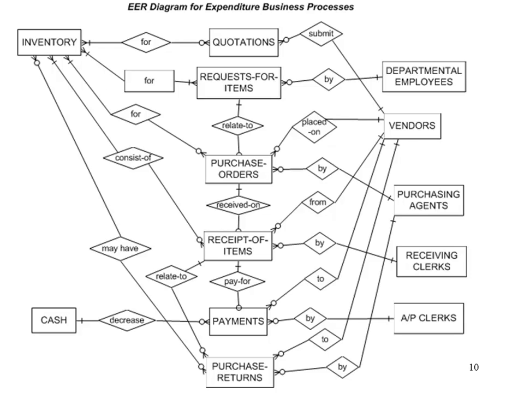For each requisition, there may be 0 or 1 purchase order. Let's look at the mandatory side. Here a purchase order, and for each purchase order, there must be a requisition.